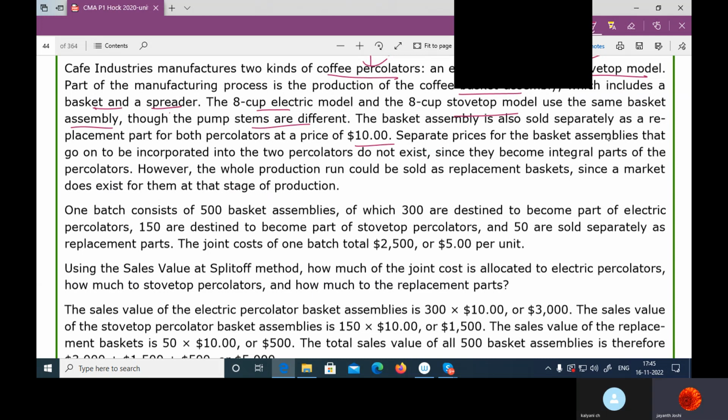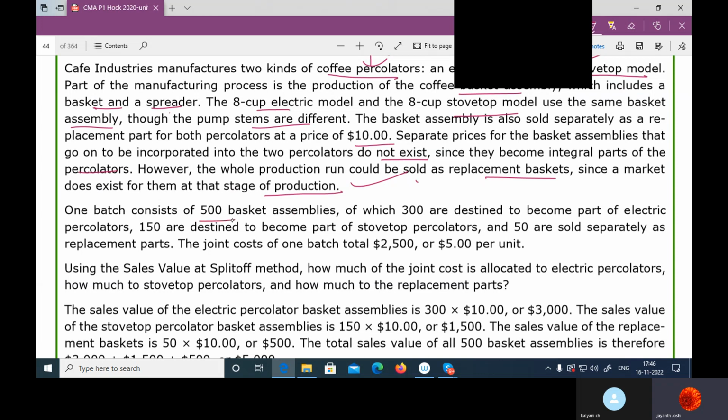Separate prices for basket assemblies that are going to be incorporated into the two percolators do not exist, since they become an integral part of percolators. Actually, they have given so much vague unnecessary information. However, the whole production run could be sold as replacement baskets, since a market does exist for them at that stage of production. Now, what matters for us is the next data.